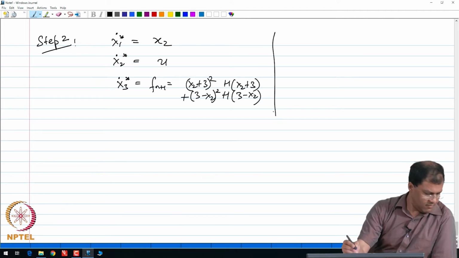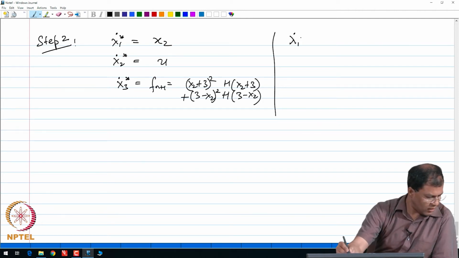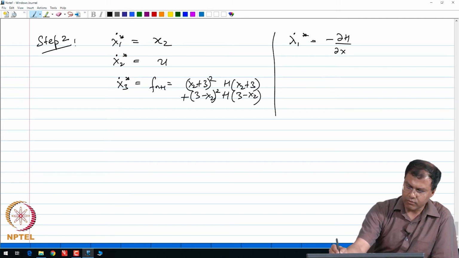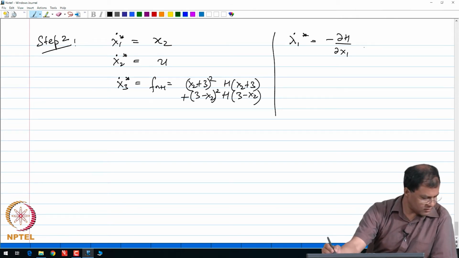Okay. And then my other co-state variables: lambda 1 dot star is equal to minus partial H partial x1. This is lambda 1 dot star is minus x1 star.